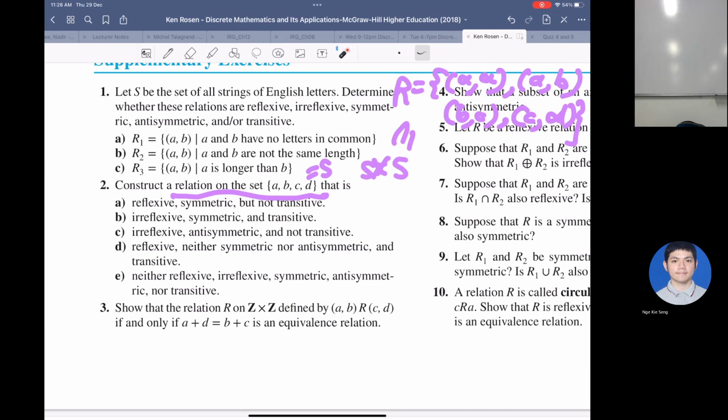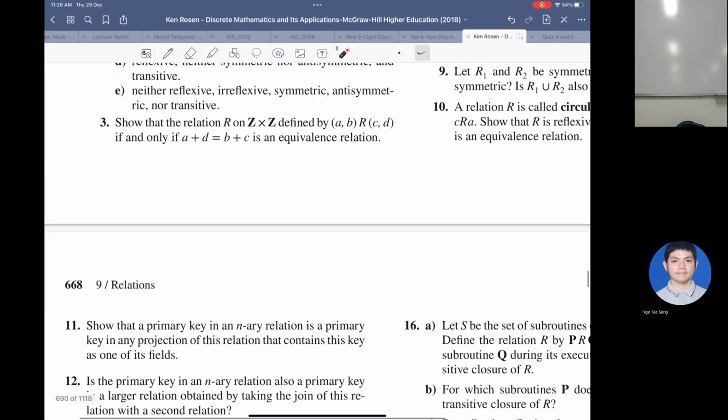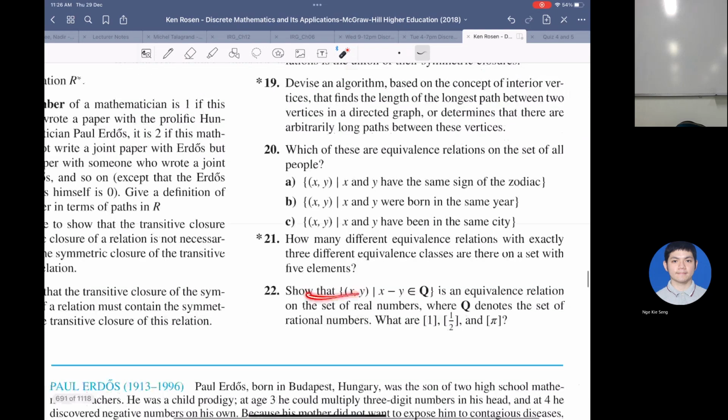Technical? What do you mean technical? The question is 22? This one, 22. Okay. You know how to show 1, 1 half and pi? So this is the equivalence class notation.